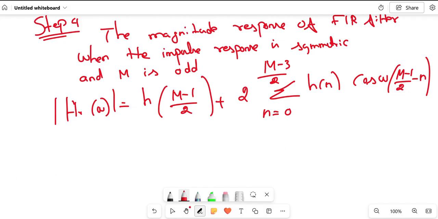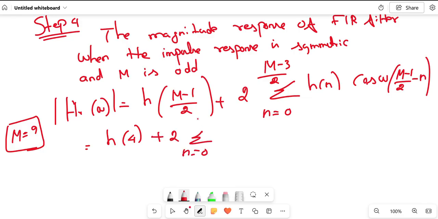So, M is equal to 9, which is equal to h of 4 plus 2 into summation of n equal to 0 to 3 h of n into cos of omega into 4 minus n. Previously we saw the same.